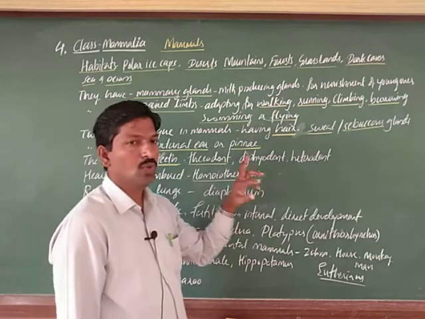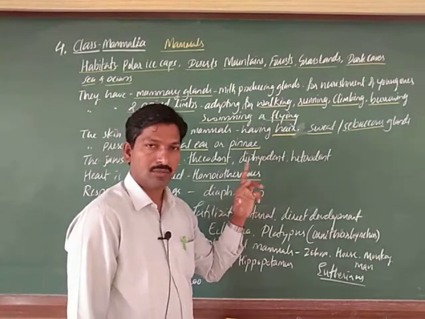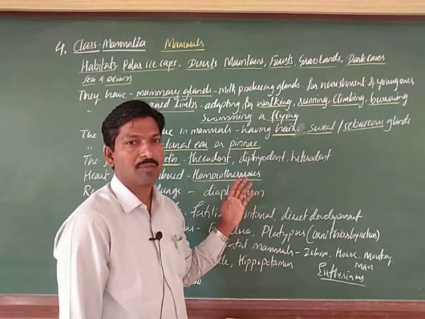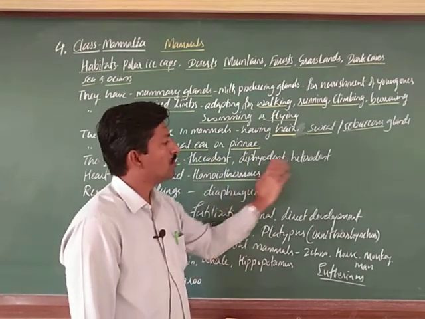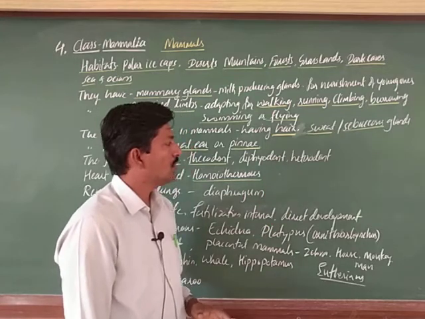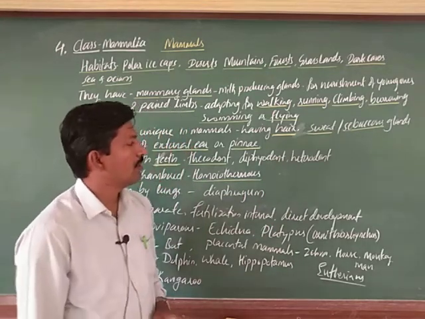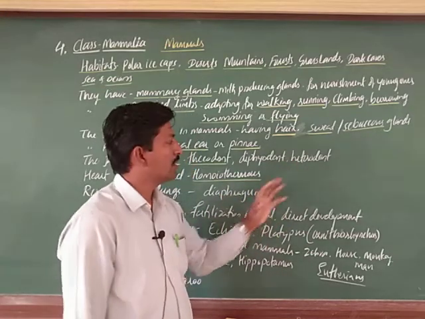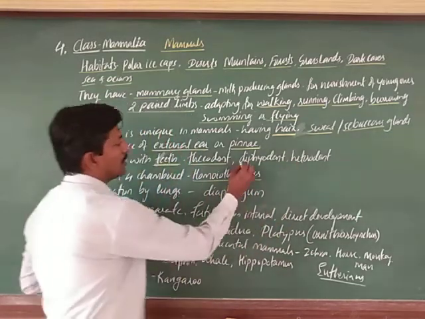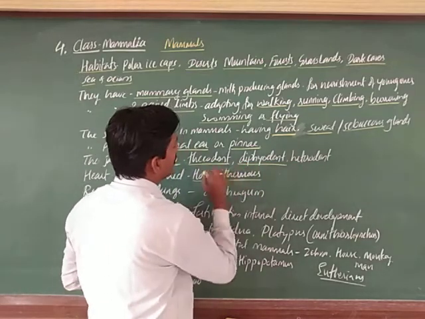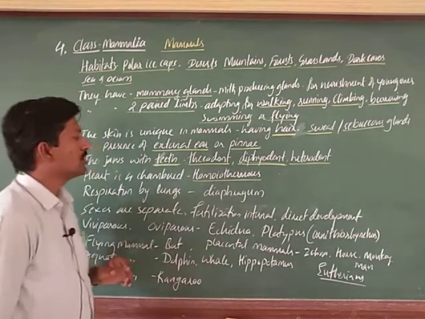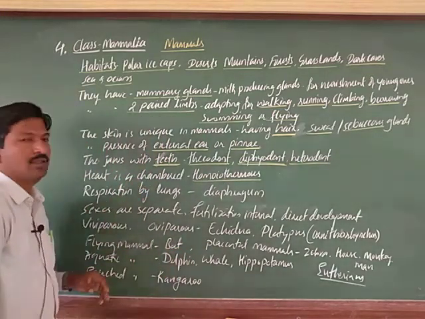Diphyodont means there are 2 kinds of teeth, that is milk teeth and permanent teeth. And heterodont. So, such terms are used to describe teeth, right.